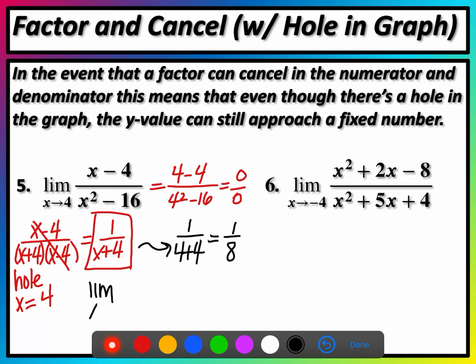So the limit as x approaches 4. All right, so previously we needed the graph to see that there was a hole and to approach this to get the limit. But now, if we simplify before doing our direct substitution, it provides the limit when the limit is at an undefined value like x equals 4 for this one.